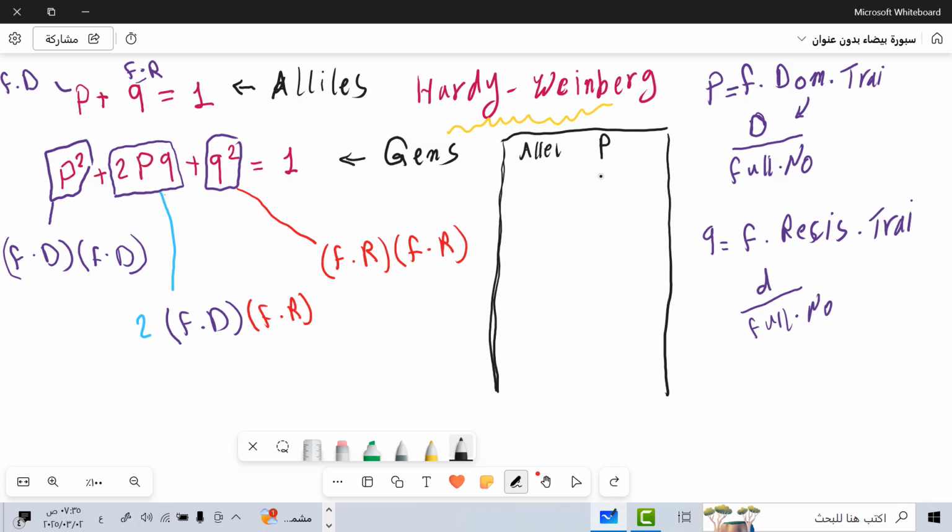If he asks about genotype capital G capital G, he wants p squared. And for small g small g, he wants q squared. So for homozygous dominant and homozygous recessive, p squared and q squared, and heterozygous, capital G small g, he wants 2pq.